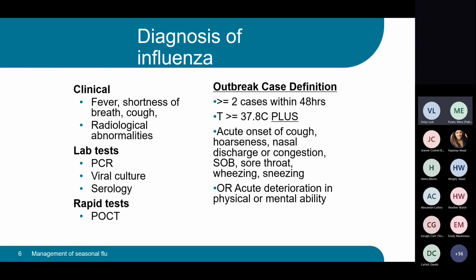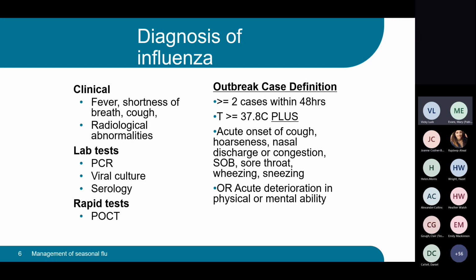And in terms of testing, there is PCR and viral culture testing available, and serology, but it's not routinely tested for. What we tend to do is test where we have a high suspicion of outbreak, particularly amongst our more vulnerable settings such as care homes.